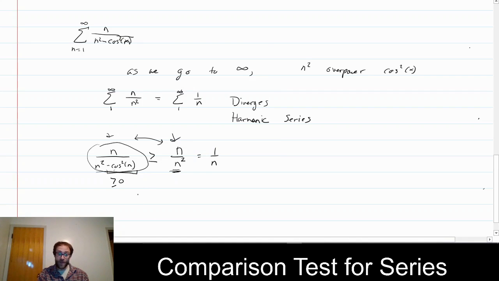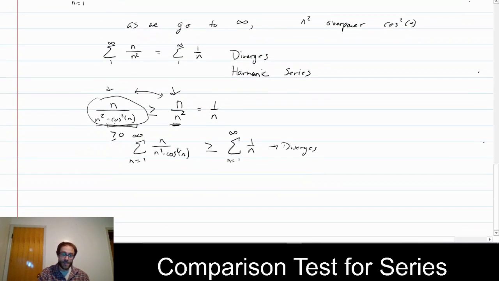So now we can say from here that the sum of n over n squared minus cosine squared as n goes from 1 to infinity is actually greater than or equal to the sum as n goes from 1 to infinity of 1 over n. And this one diverges.